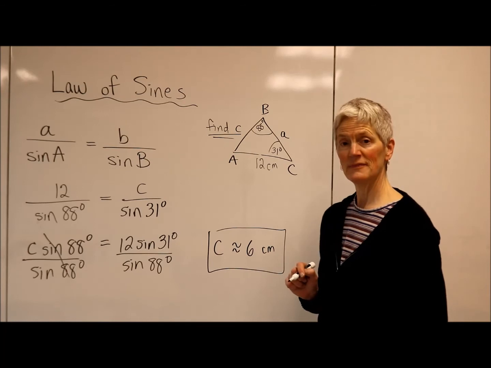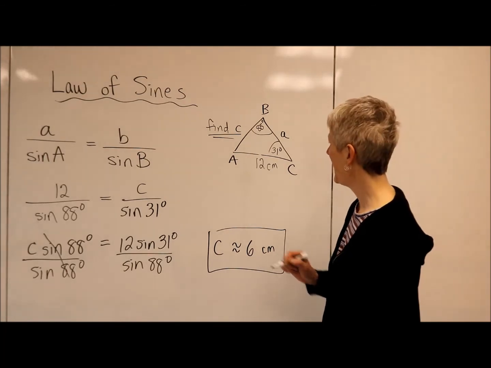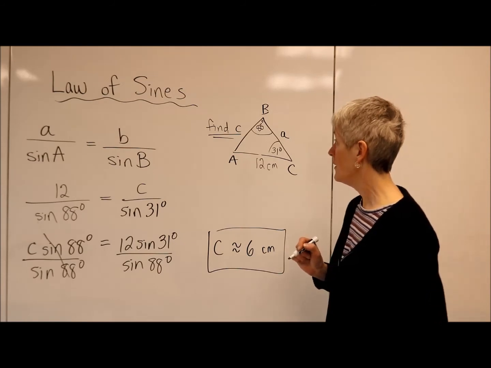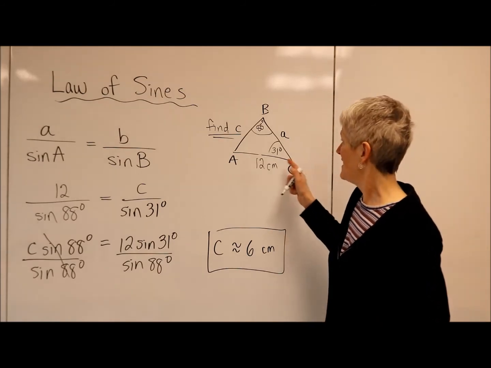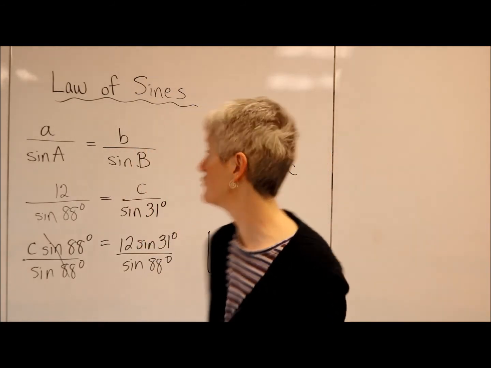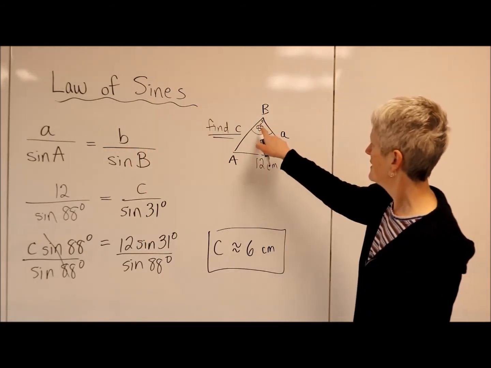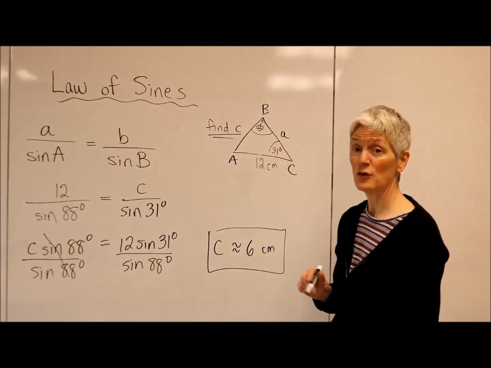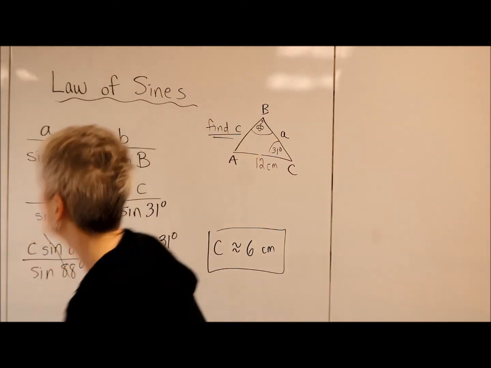Fun. That was nifty. Hey, if I wanted to, could I find side a? Well, sure. I think we have enough information to find angle A, and I don't really need trig for that. We know that the 3 angles of a triangle add to 180. So let's go ahead and do that.